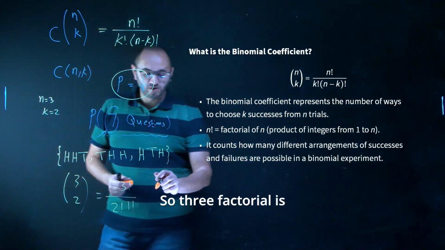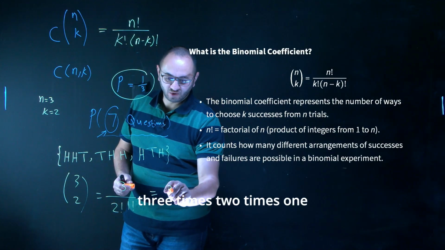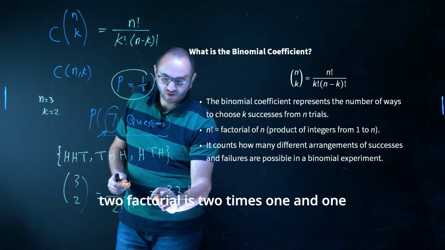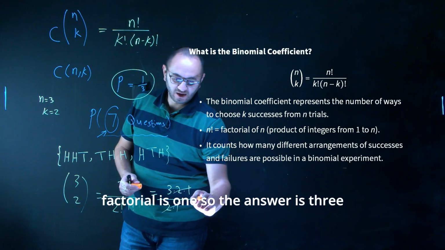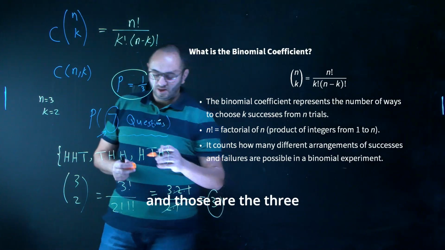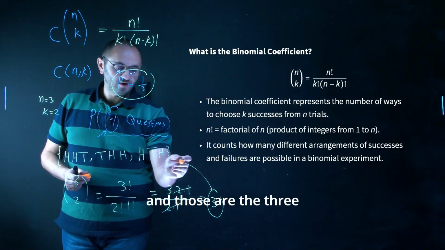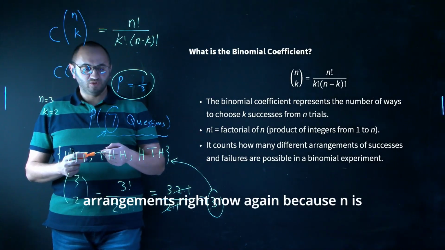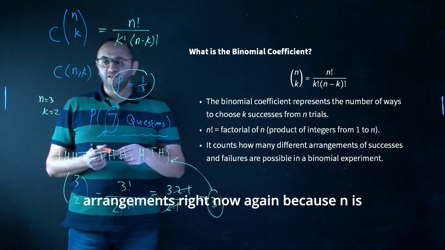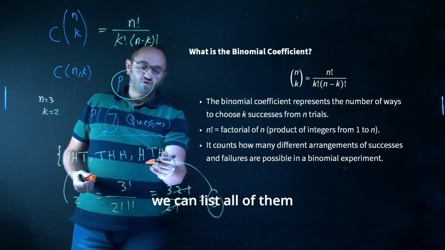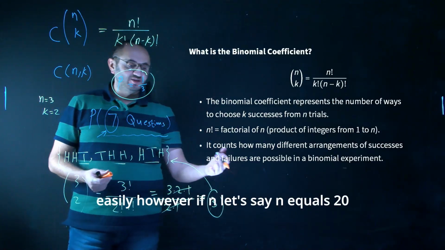So 3 factorial is 3 times 2 times 1, 2 factorial is 2 times 1, and 1 factorial is 1. So the answer is 3. And those are the 3 arrangements, right? Now, again, because n is 3 and k equals 2, we can list all of them easily.